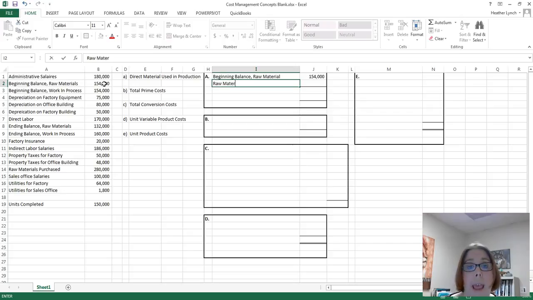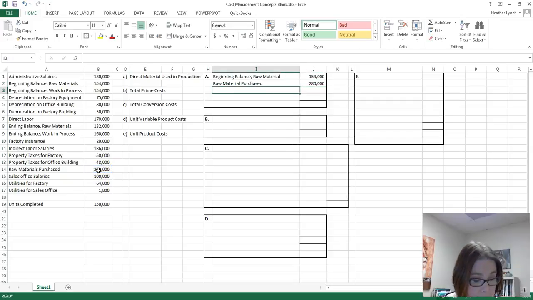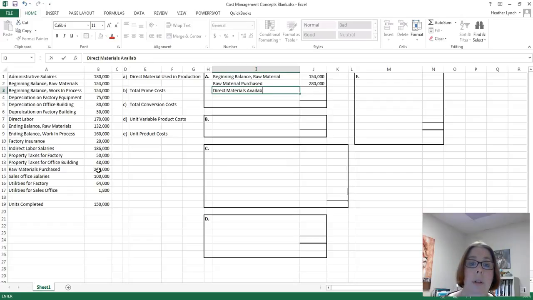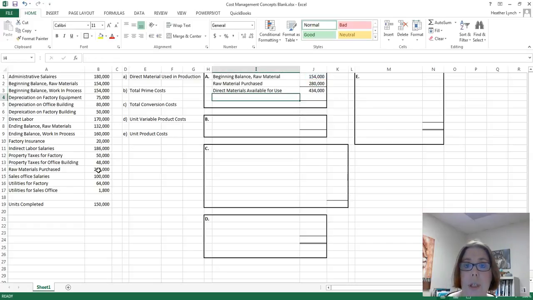What I want to do is add my raw material purchased for the year or for the month, depending on when you're doing this. So my raw material purchase is $280,000. What that does is that gives me my direct materials available for use. So let's add those two together. And then what I can do is take my less my ending balance of my raw material.